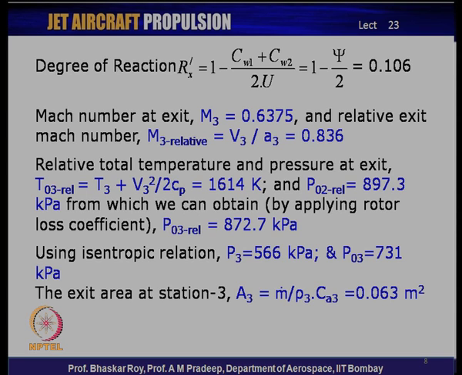So, losses in the rotor take place in the relative frame, in the stator it takes place in the absolute frame. So, you need to take note of this and do your future problems accordingly.